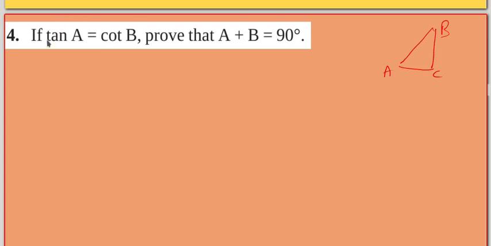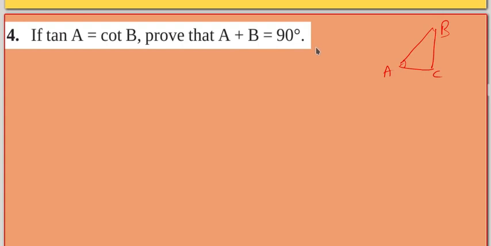For acute angles only, we'll take these functions. So A and B are acute angles, right angle at C, so B is the complementary angle. So tan A equal to cot B. If tan A equal to cot B, we have to prove A plus B equal to 90 degrees.